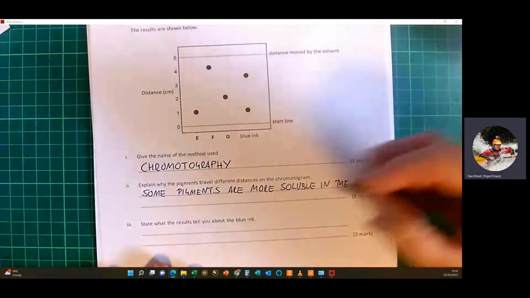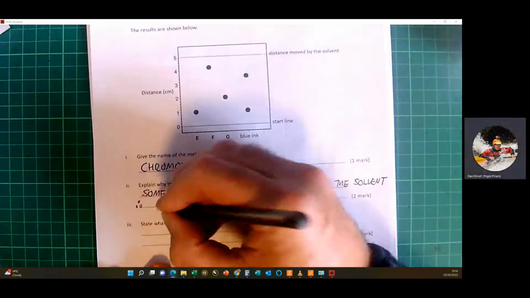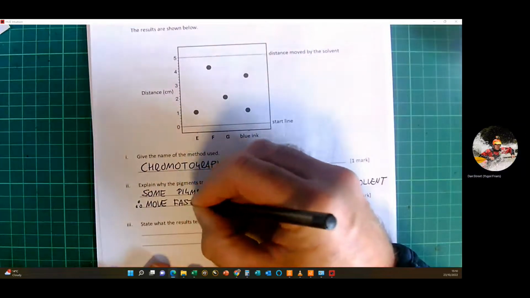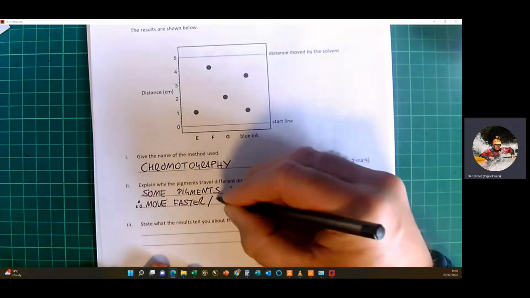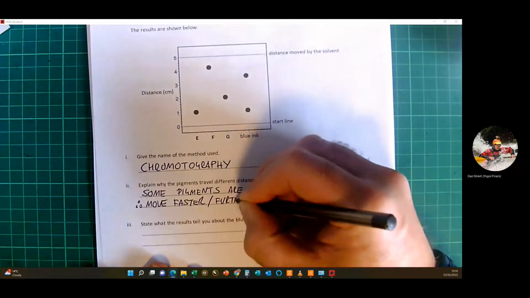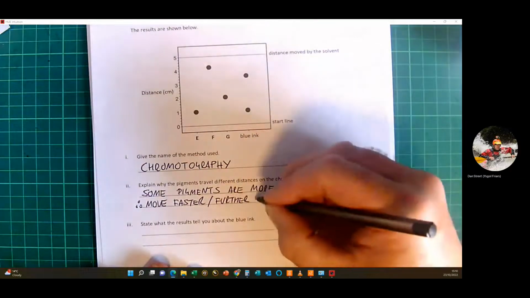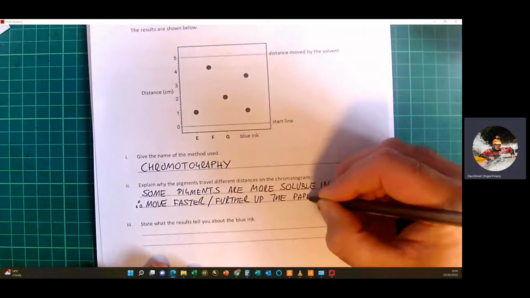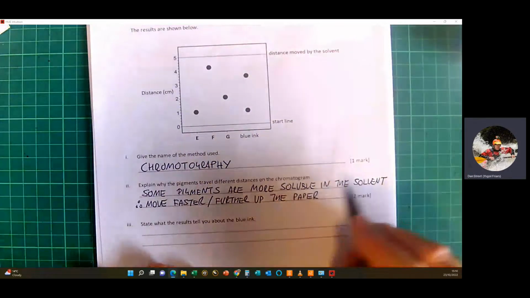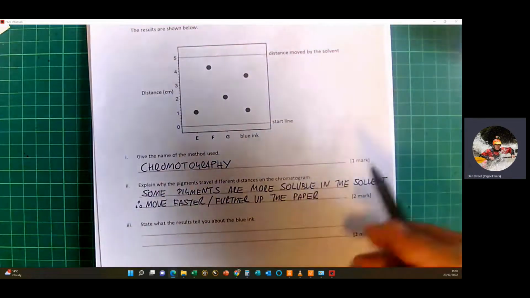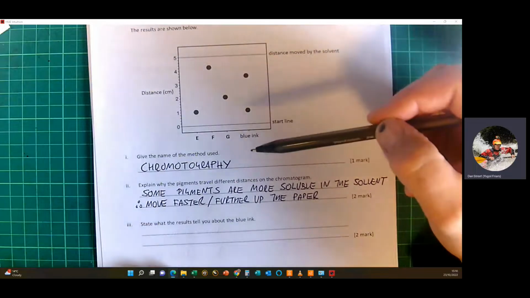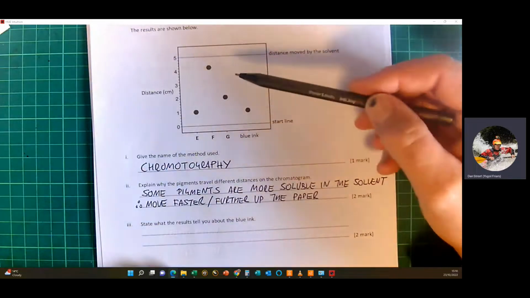And therefore move faster or further up the paper. So the key fact there is the solubility of the pigment means that it does move faster up the paper. So this pigment here was the most soluble one of any of the ones in the experiment. Okay, so it moved further up the paper.